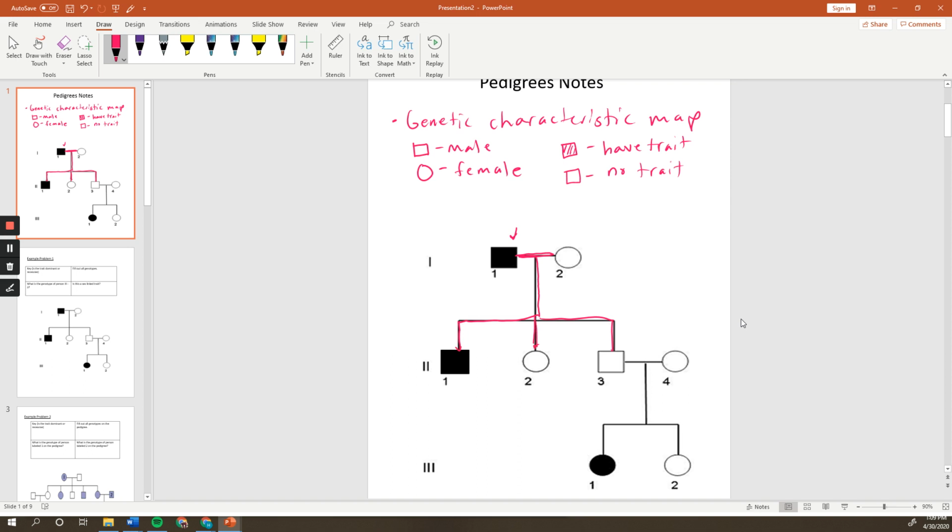That means these are the children of the people above them, okay? So here this family had 3 kids, 1 boy, 2 boys, 1 girl, and then this boy marries this girl right here, and then they have 2 girls here, okay?